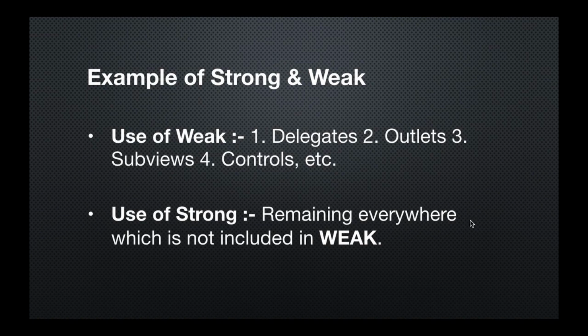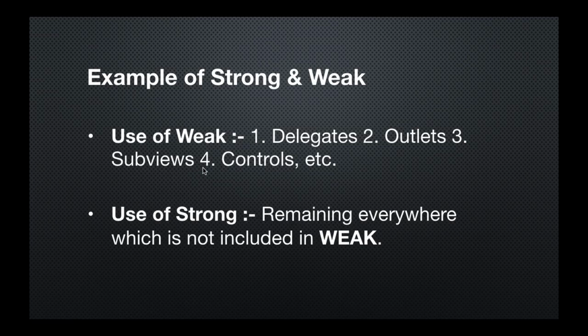Whereas if you want to deallocate it as soon as it's done being used, then you should use weak. Or wherever you see a retain cycle going on, please do use weak. That's why delegates should always be created as weak, because if you don't create delegates weak, it can create a retain cycle. The same goes for outlets, subviews and controls as well.